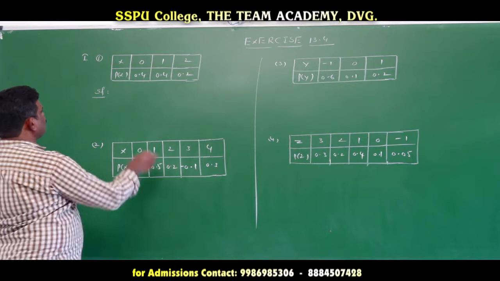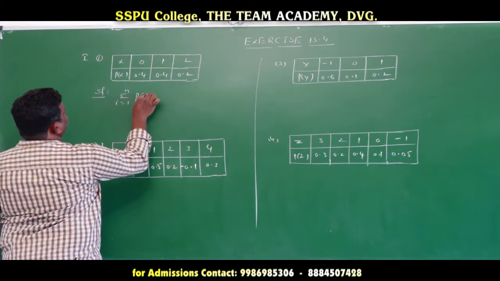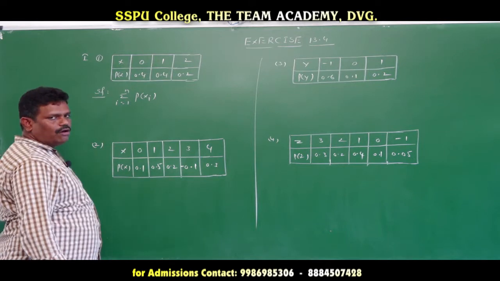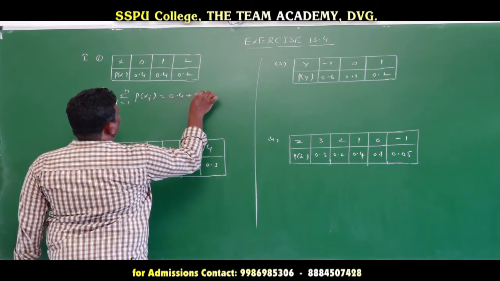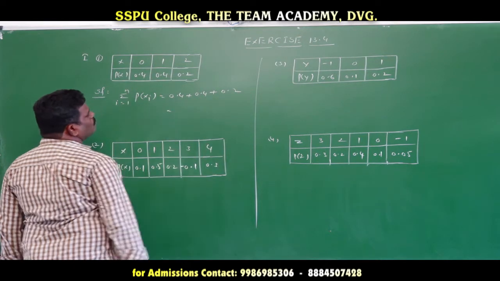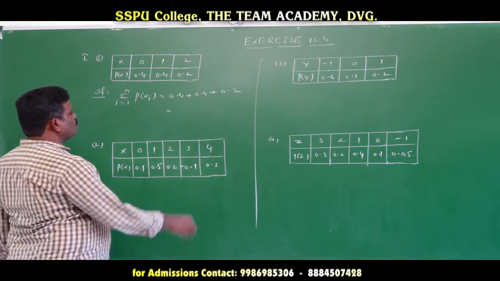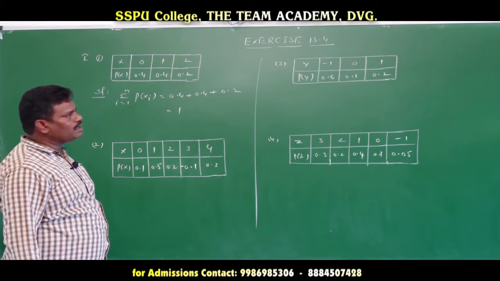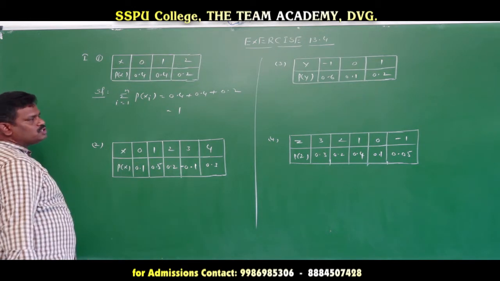So the sum of p of xi is 0.4 plus 0.4 plus 0.2, which is 1. The sum is equal to 1 and all are positive, so the given table is a probability distribution table.